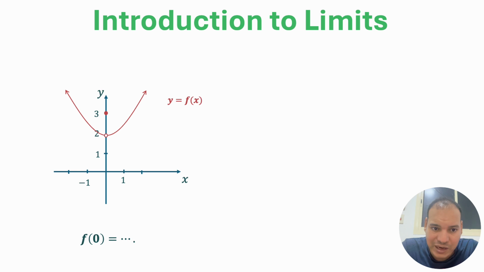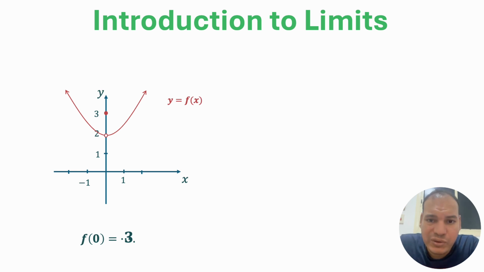So f of 0 is equal to 3. This is the value of the function where x is equal to 0, which means the y value that corresponds to the given x value, which is 0 in this case.